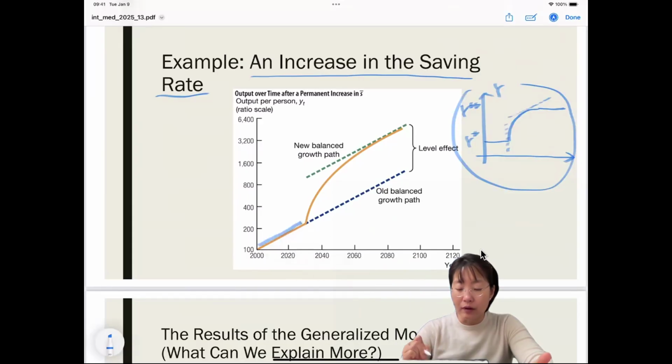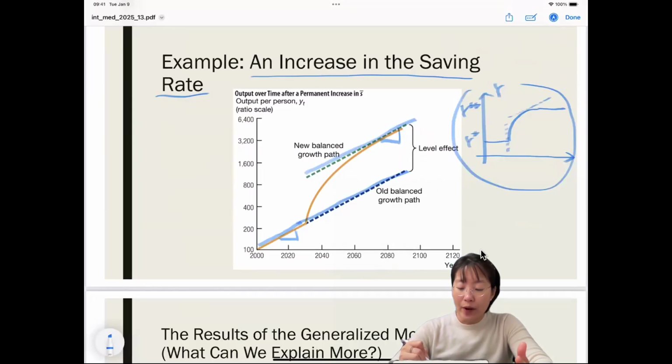So the growth rate of this new model is constant and positive. This holds for the new balanced growth path as well. So eventually the economy will achieve a certain growth rate, which is the same as the previous growth rate. The slope will eventually be the same.